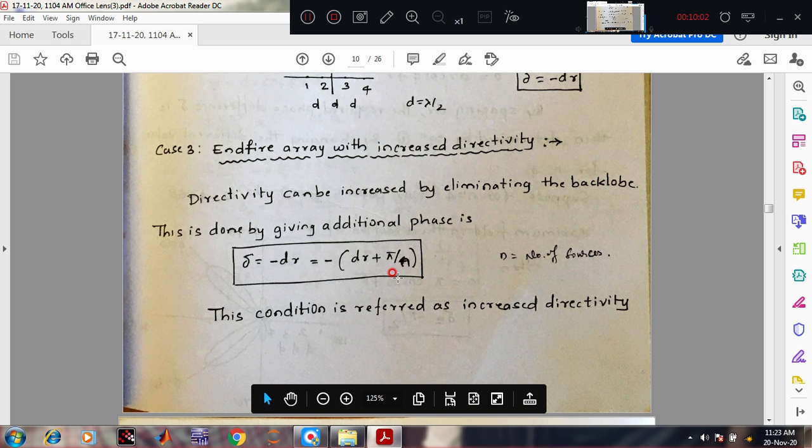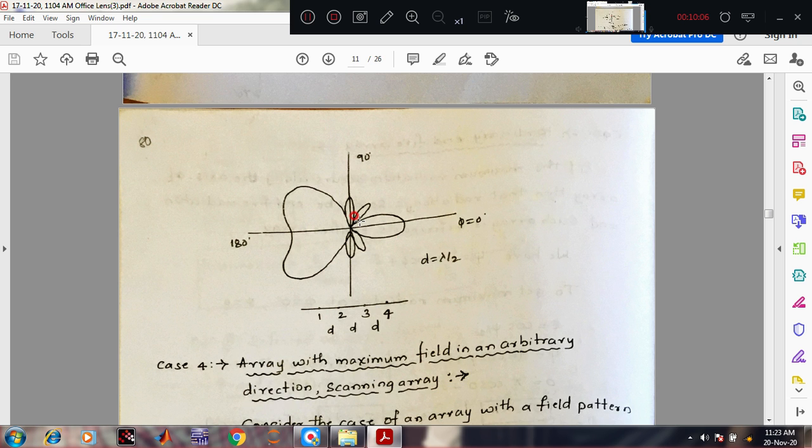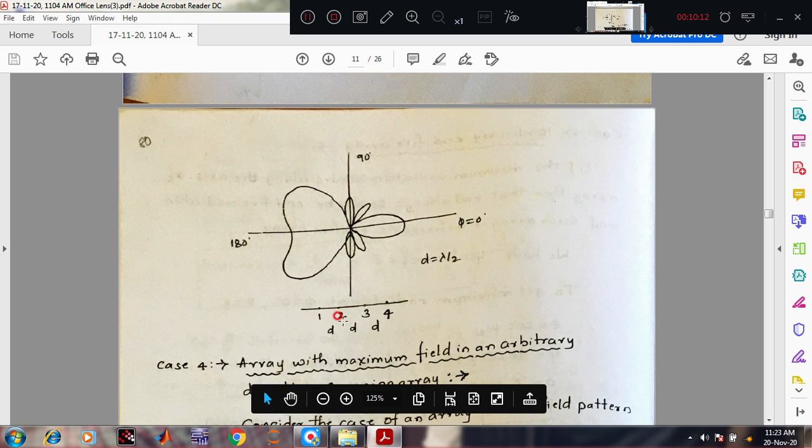This equation is very important. In that case, directivity can be improved in a particular angle. This is the radiation pattern with the array axis horizontal. Array elements are 1, 2, 3, 4, the spacing d is lambda by 2. This is 0 degree and this is 90 degree.